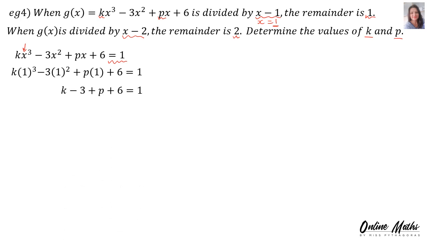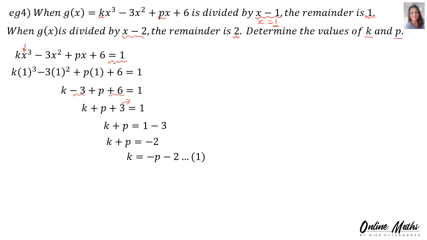Then it turns into k minus 3 plus p plus 6 is equal to 1. And then negative 3 plus 6 is plus 3. And now you can let the 3 walk across, 1 minus 3, and it becomes negative 2. And then I made k the subject of the formula. And then you give it a name. This is equation 1.